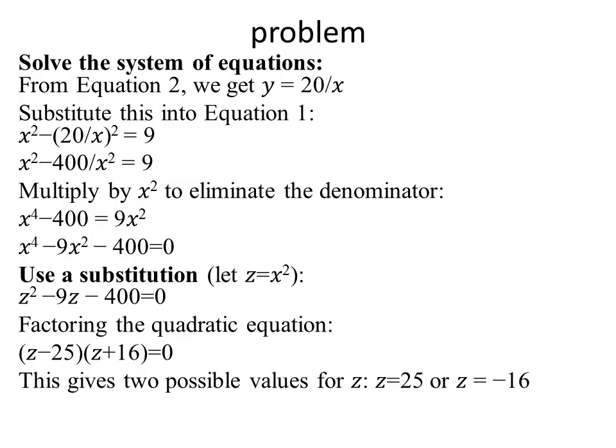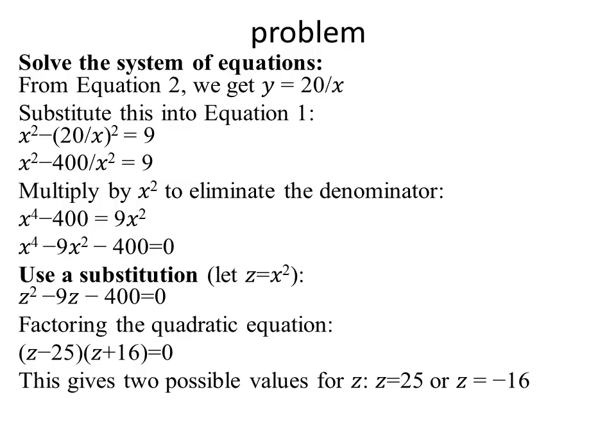For this we multiply by x square to eliminate the denominator. Therefore we get x to the power of 4 minus 400 is equal to 9x square. That implies x to the power of 4 minus 9x square minus 400 is equal to 0.